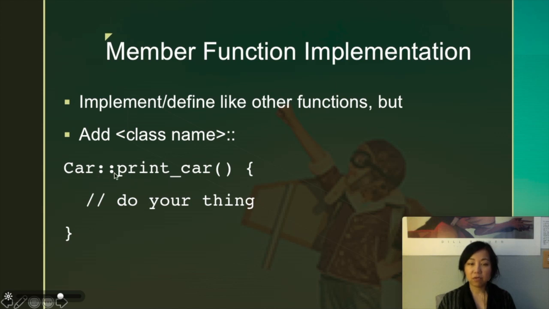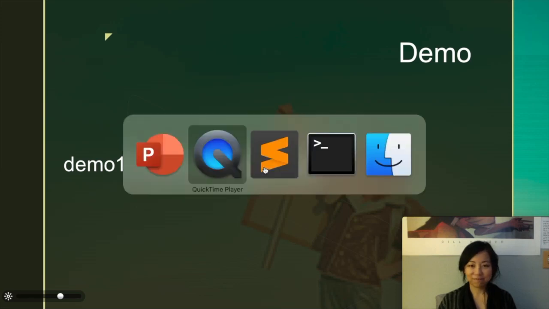So that's car colon colon print car, and then you do your thing, like you're defining or implementing other functions. Interestingly, in the class situation, we call this implementation. Just so you know, there's a little bit of mix-up in the words that we use to describe it, even in the book, but you'll figure it out.